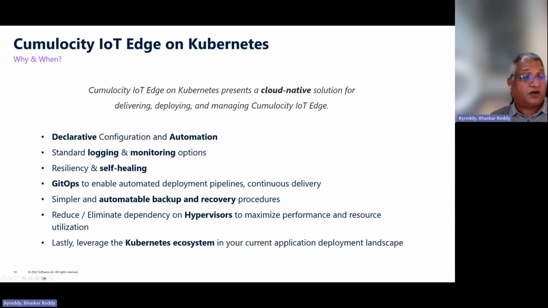Kubernetes standard way of logging and monitoring. For monitoring, the operator provides some Prometheus-based metric endpoints, so you can ensure that any external Prometheus-enabled dashboarding or monitoring tools that you have, you can integrate and start monitoring edges.